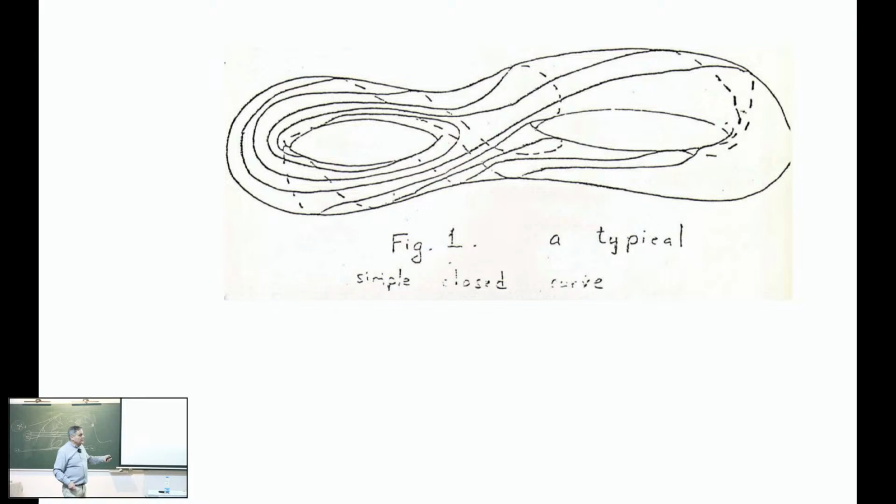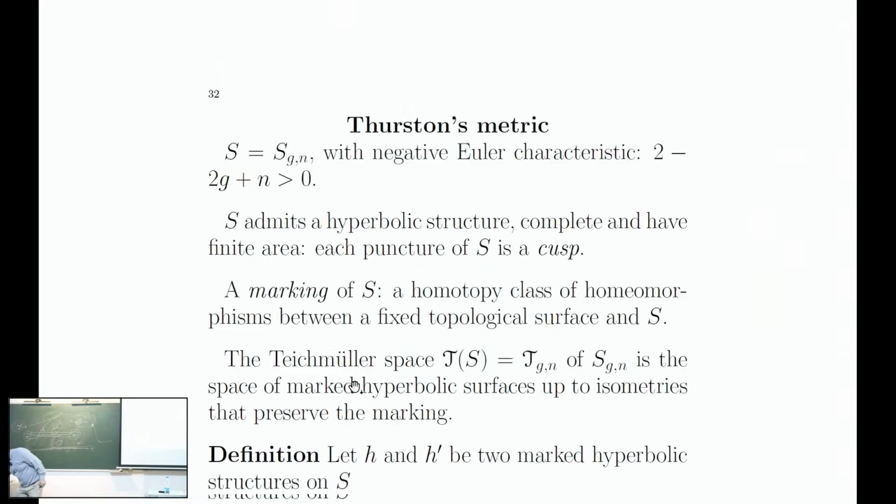Now I'm telling you that it's a simple closed curve, but if you just look at it like this, you don't know whether it closes up or not. And the fact which I'm saying is that you can approximate general geodesic laminations by simple closed curves. And this is what this says here.